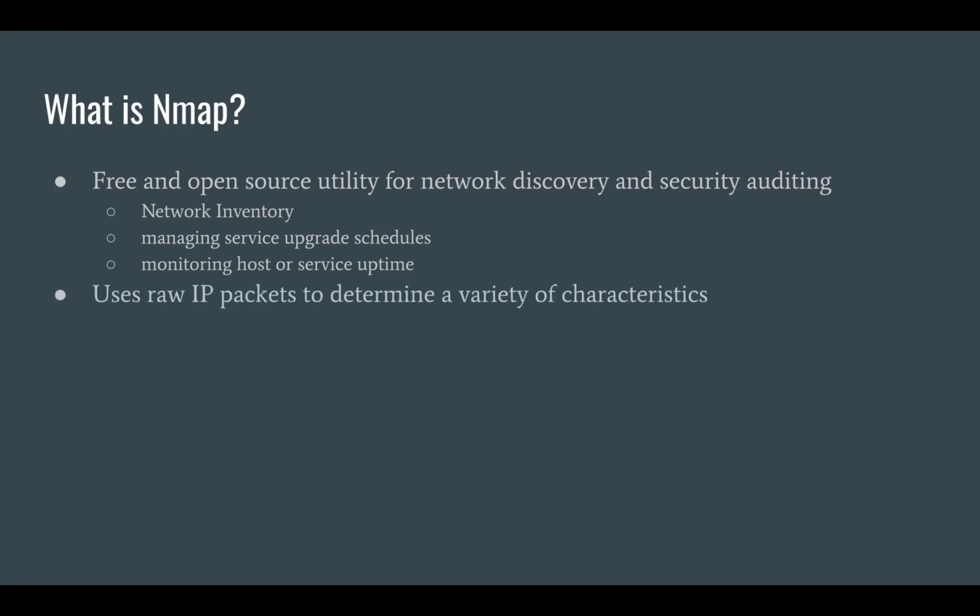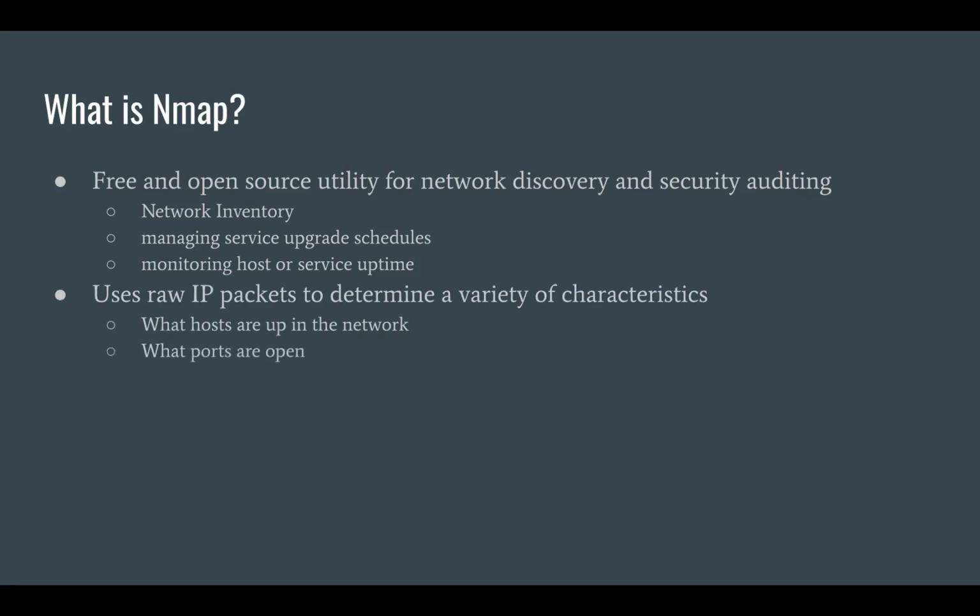Nmap uses raw IP packets to determine a variety of characteristics of the host. For example, you can use Nmap to find out what hosts are up in the network.